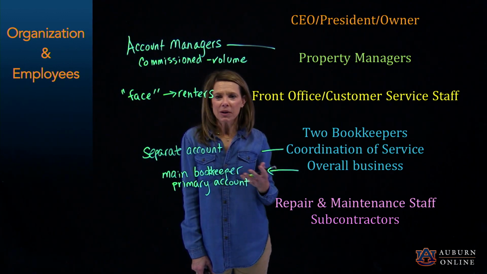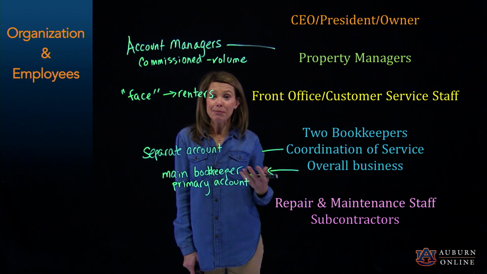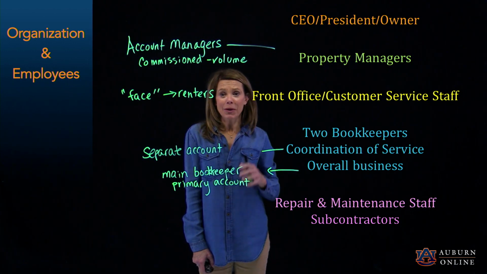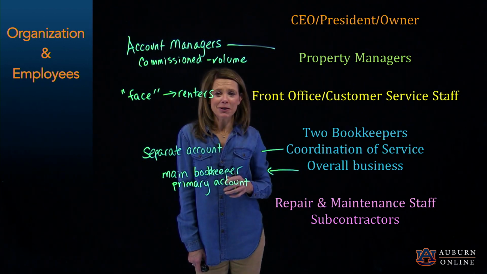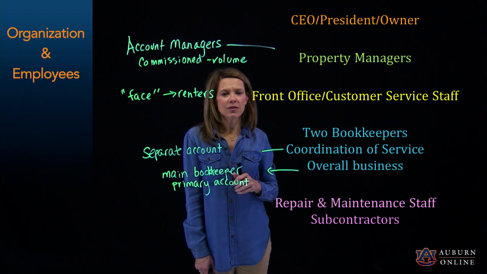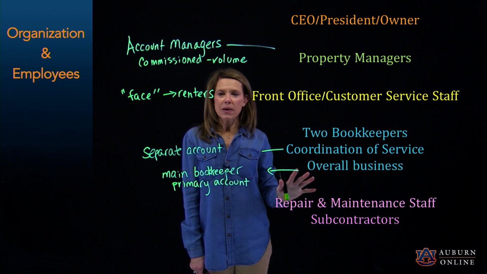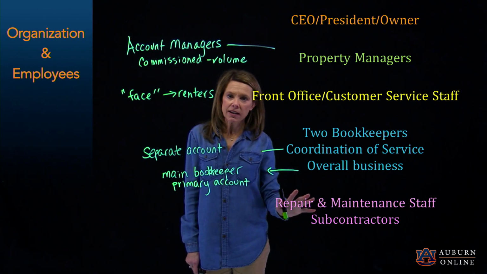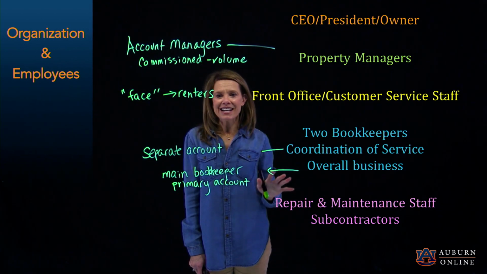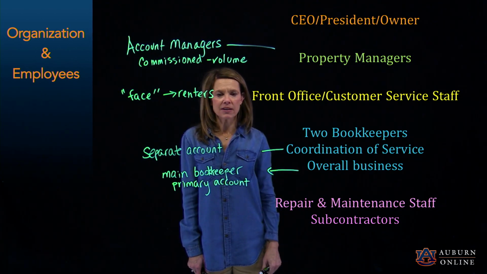So plumbing would be a good example. Usually you don't want just anybody dealing with plumbing. You want to have a plumber dealing with plumbing, or you're going to create a lot more problems for yourself. So that staff of people is always called in on an as-needed basis to work on the properties.